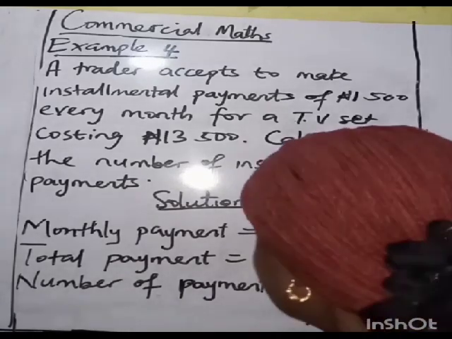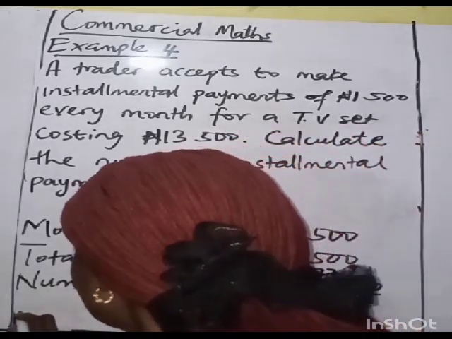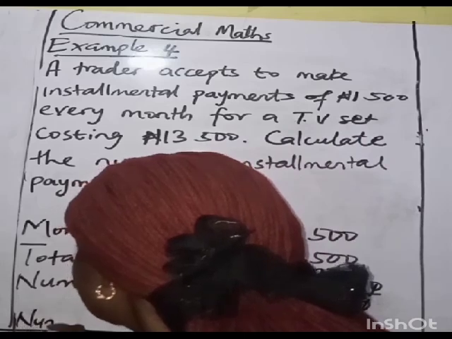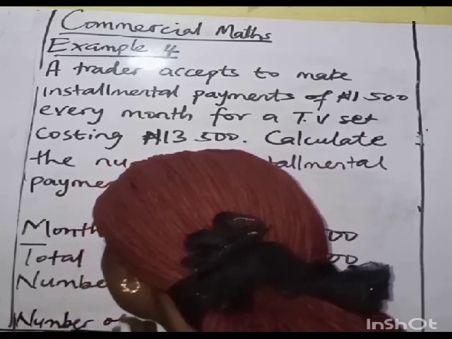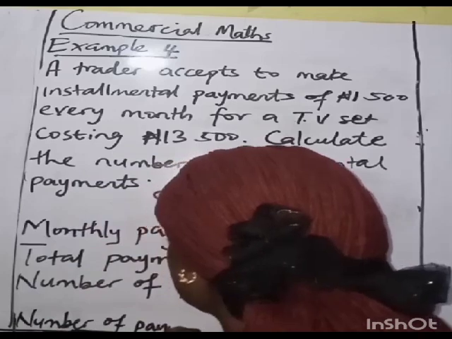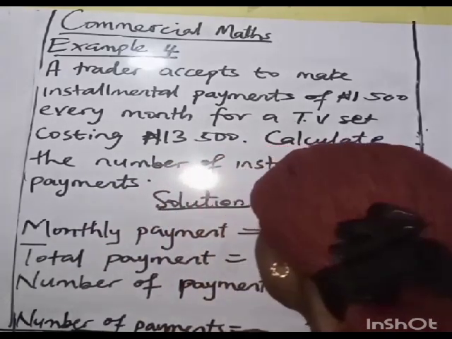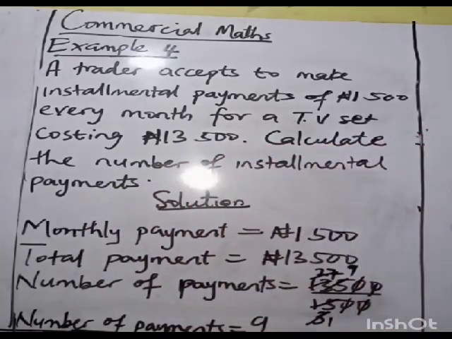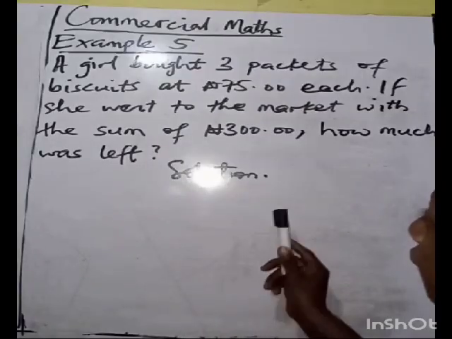So what it means is that number of payments should be 9. Nine payments. You have to pay for 9 months in order to make up 13,500 naira.